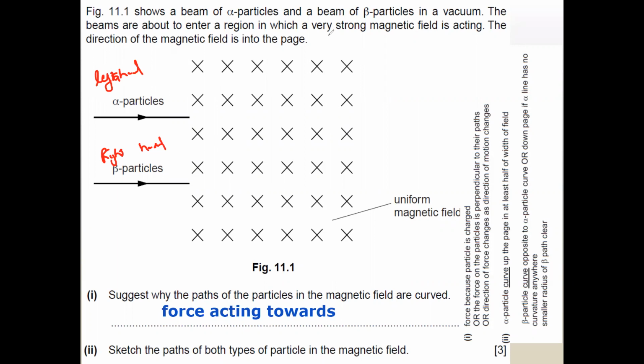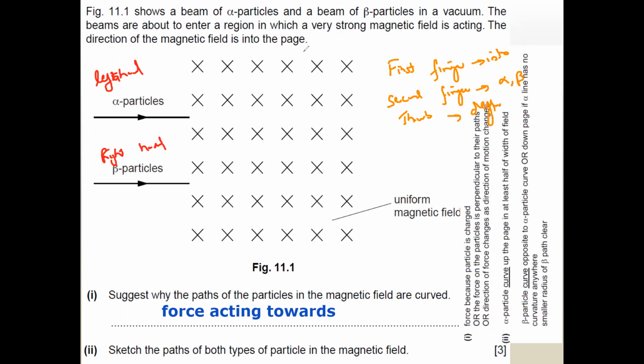The index finger, the first finger, is pointing into. The second finger will point in the direction of the particle, and the thumb will show the deflection or the force. If left hand, alpha; if right hand, beta.